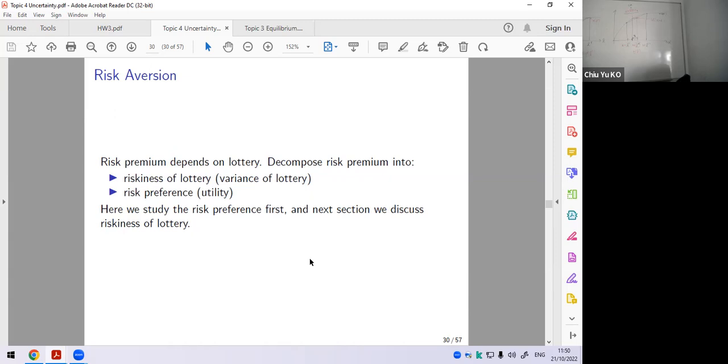The more variance, the more risky, because people hate variance. The second part is preference, the subjective part. We cover the risk preference first, and we talk about the riskiness in the second one.